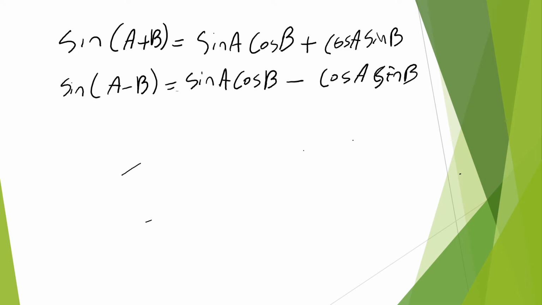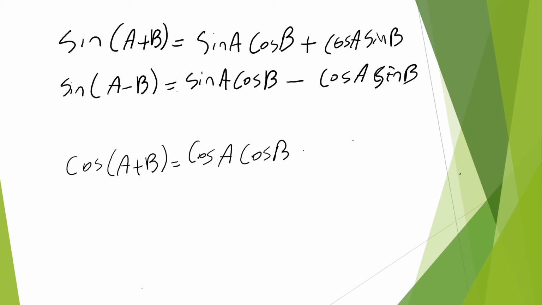Okay, and then we've got the cosine. Cosine A plus B equals cosine A cosine B minus sine A sine B. Always in the cosine it is the opposite sign.